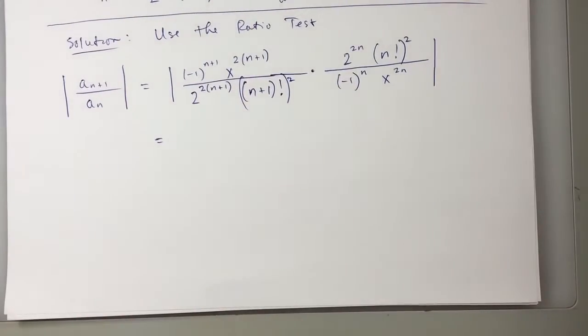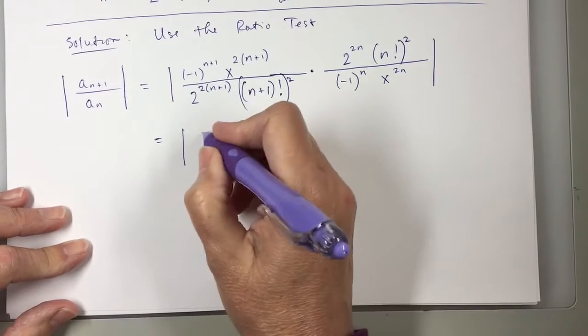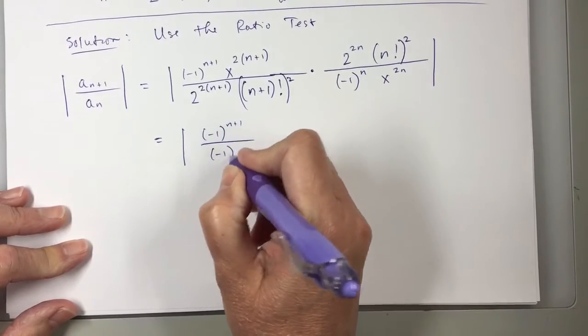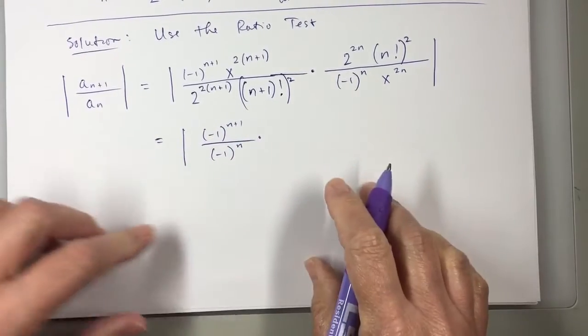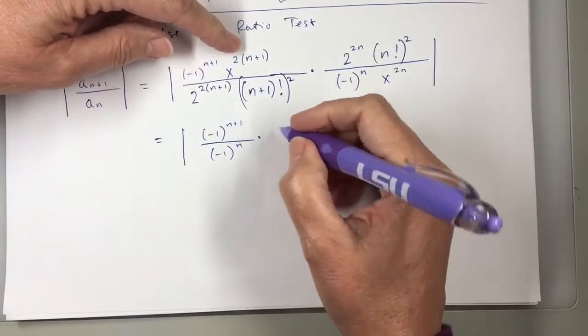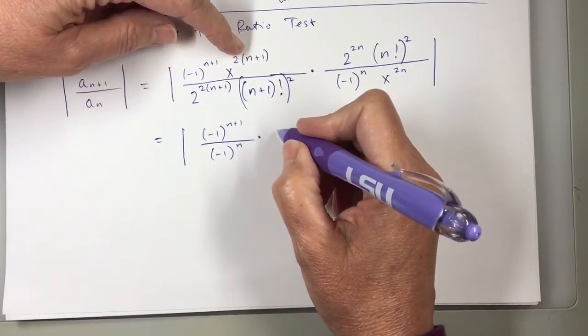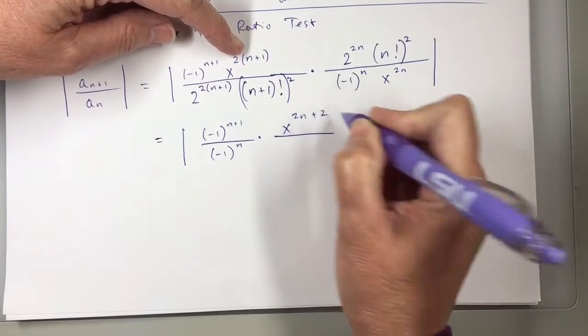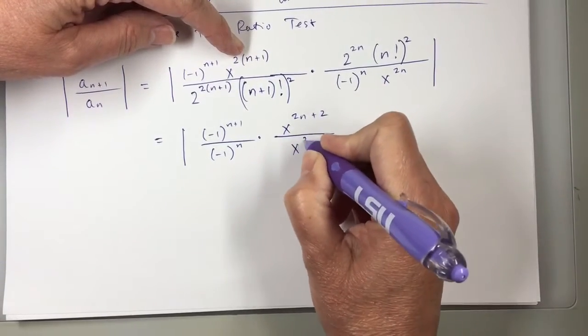Get the pieces that are alike together. So I'll have (-1)^(n+1) over (-1)^n. And then I will get x. Let's distribute this 2. This would be x to the 2n plus 2 over x to the 2n.